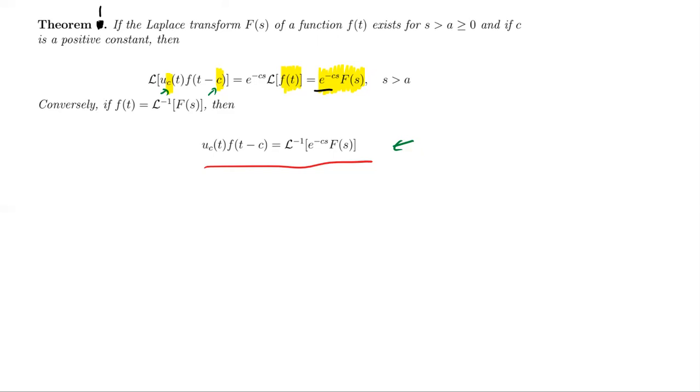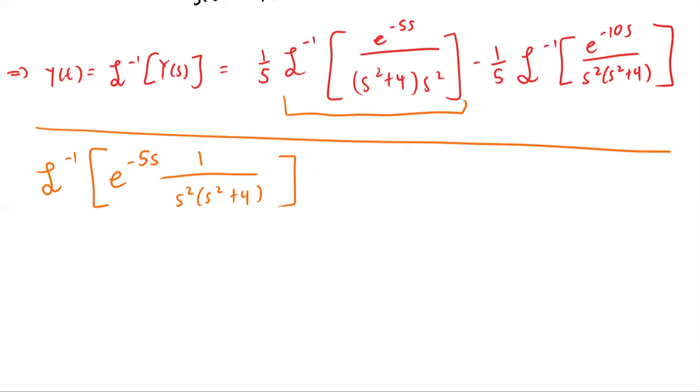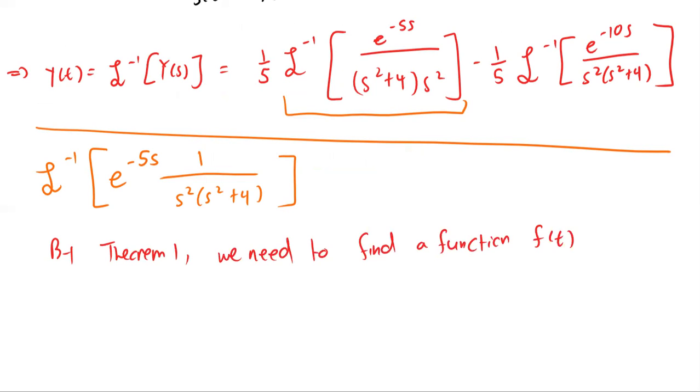So in other words, by theorem 1, all we need to do is find a function f of t such that the Laplace transform of f of t equals 1 over s squared times s squared plus 4.